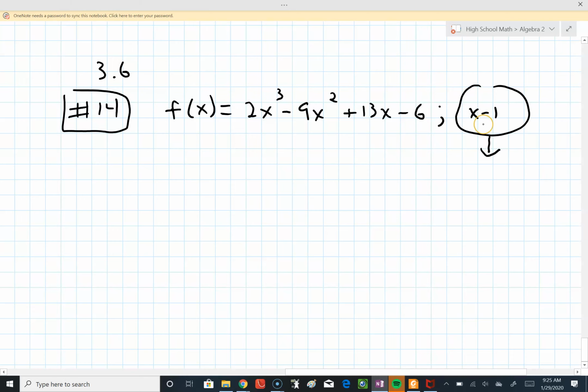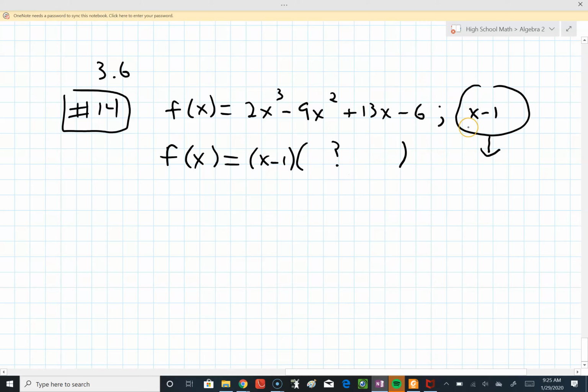I'm saying if this is here's what they're telling us. They're saying that this thing can be factored into x minus 1 times something. And that something's going to be a quadratic because this is a cubic, this is first power, there's going to be some quadratic here.